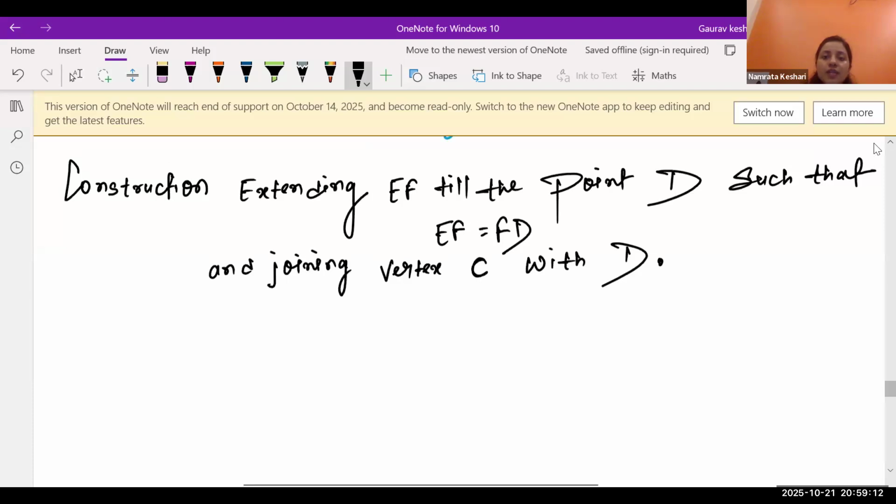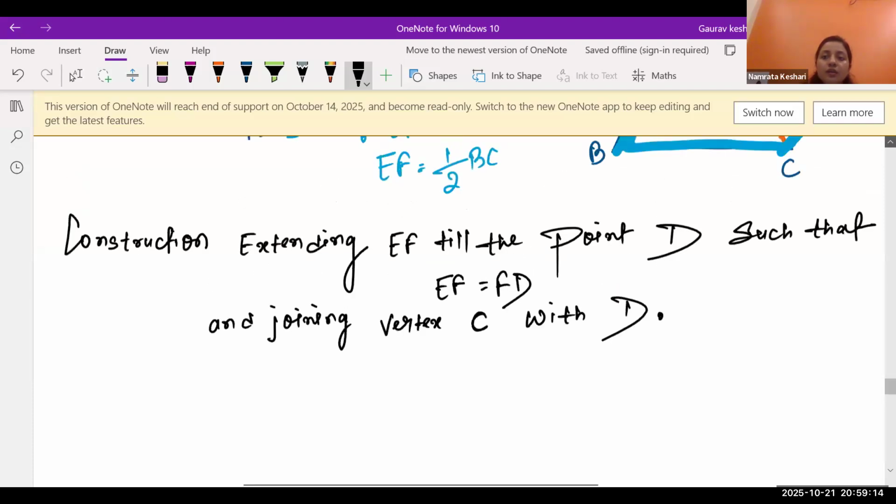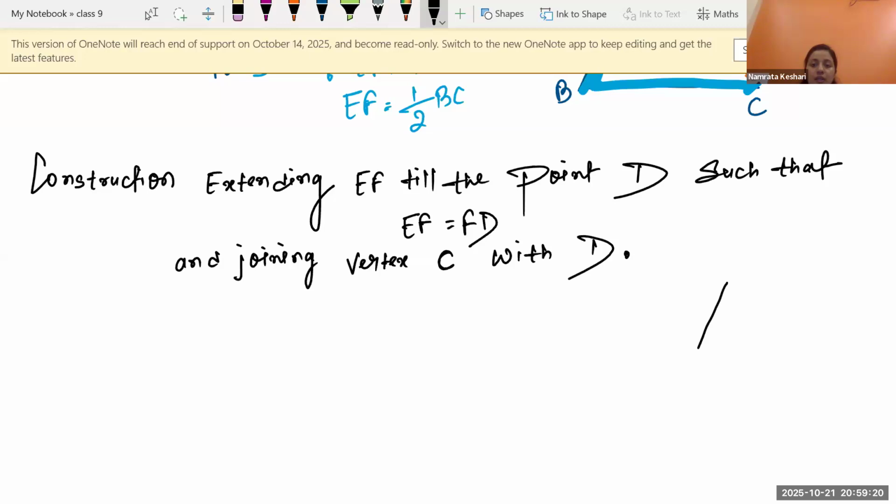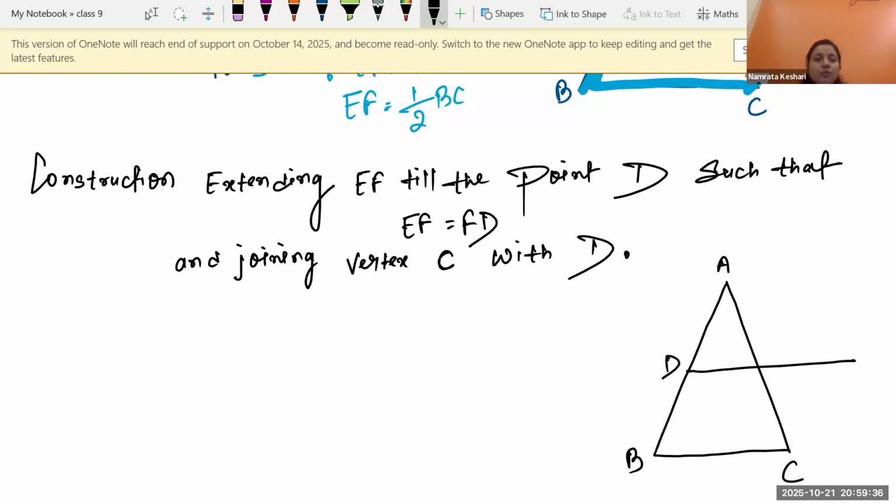Okay, so the construction we had already written. Now let's do the proof. In the upper portion I have drawn the triangle and the extended quadrilateral as well, but I'm drawing it again over here just for reference. Okay, it was EF.